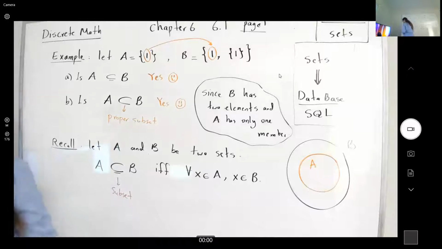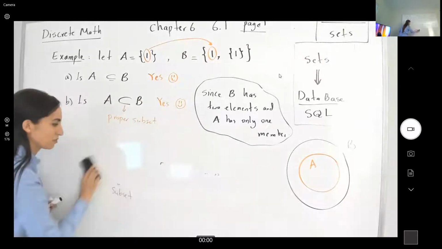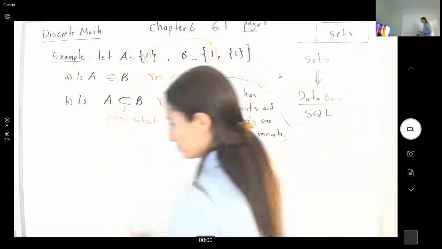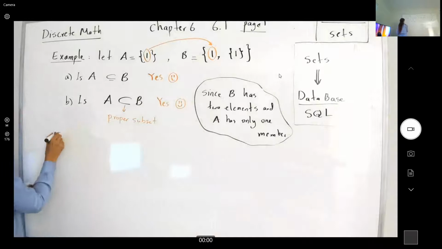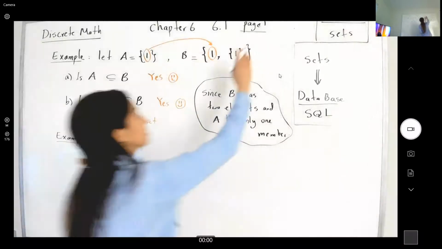So, another example for you. Are these two sets equal to each other? Or which one is a subset of the other one? So we are working on subsets. Let's talk about equality later. So we are on page 2.